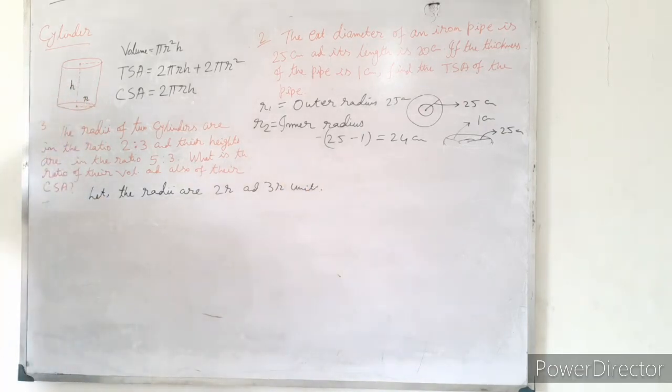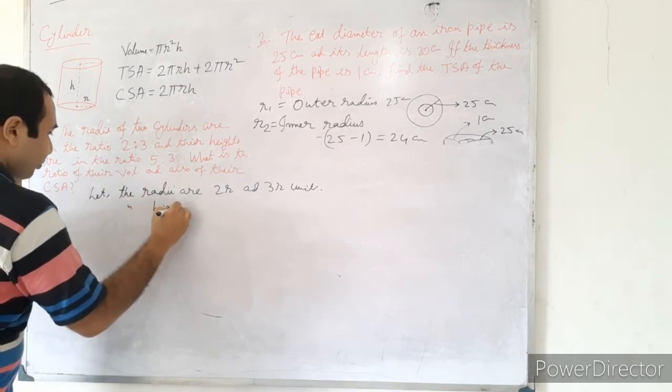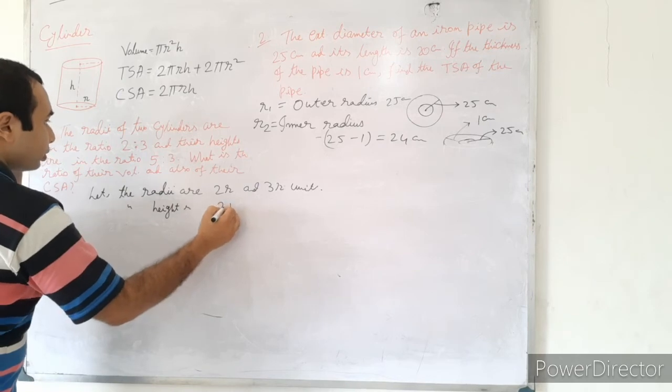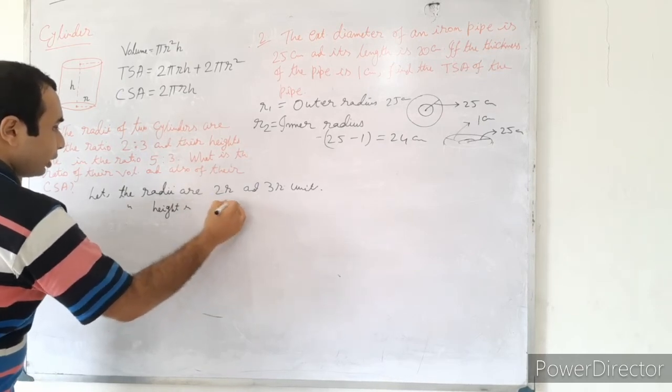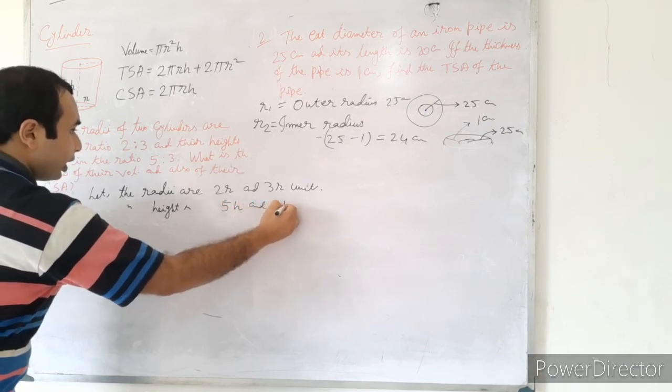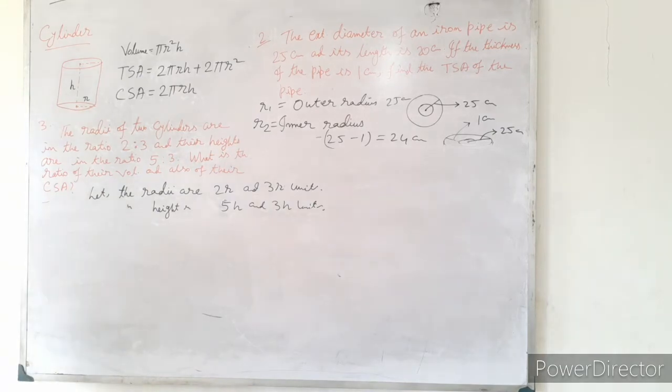Okay, their heights are in the ratio 5:3. So also the heights are 5h and 3h units. What is the ratio of their volume and also of their CSA?